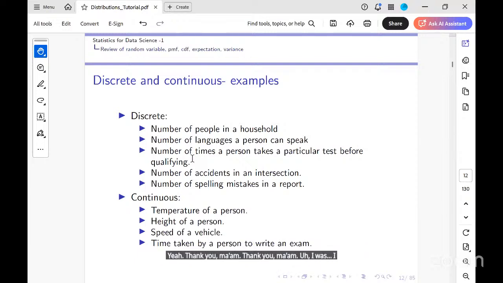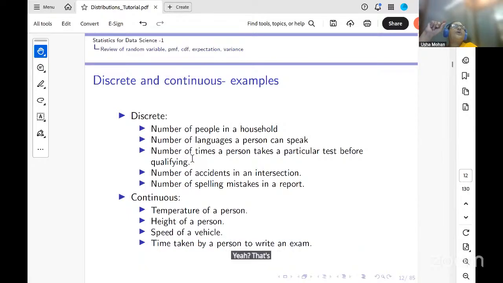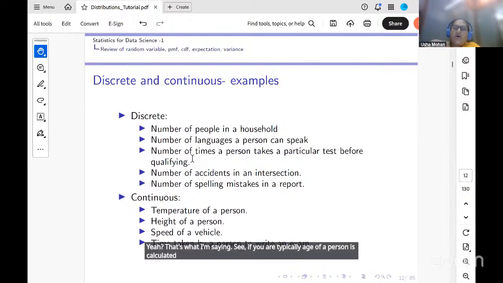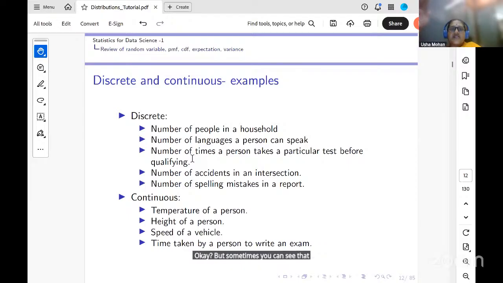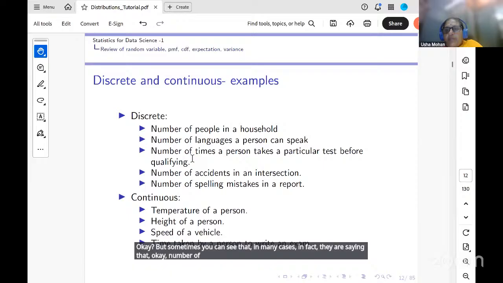I had a small doubt regarding the age. The age of a person is discrete, right? That's what I'm saying. Typically, the age of a person is calculated as a number of years. But sometimes people say age in months and days up to a particular day.